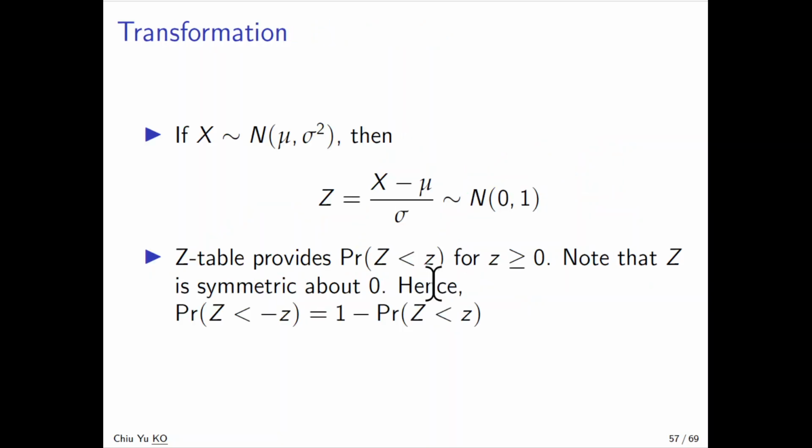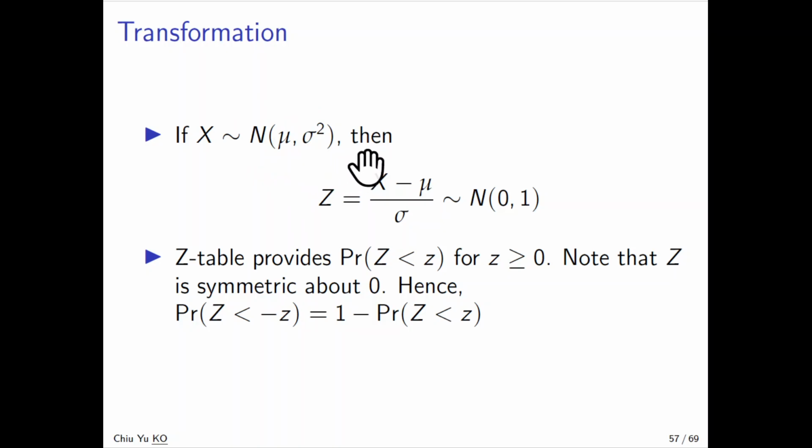So for transformation, as we see, this normal is characterized by mu and sigma square. Then, because we cannot calculate things, do we need a graph or table for every mu and sigma square?